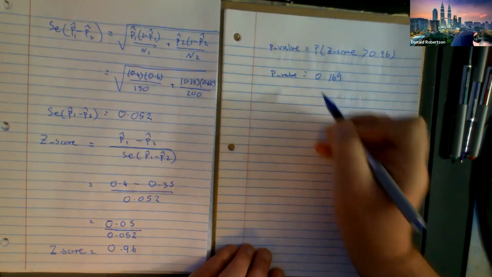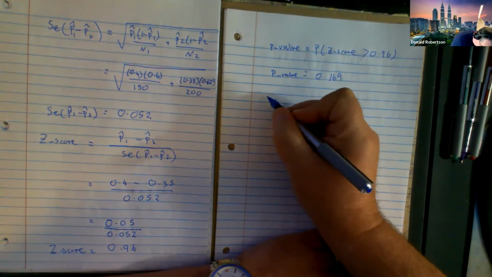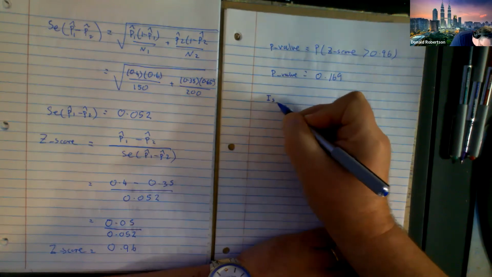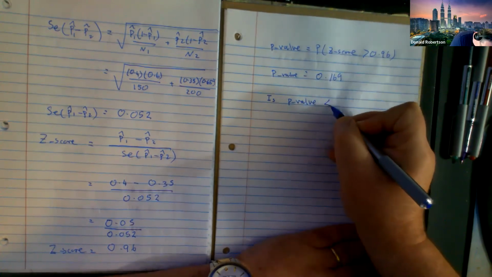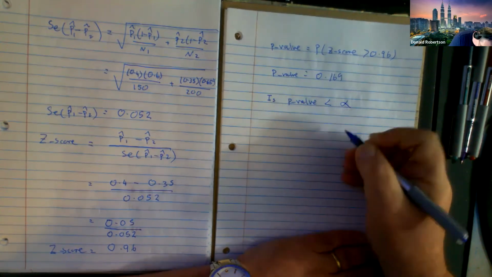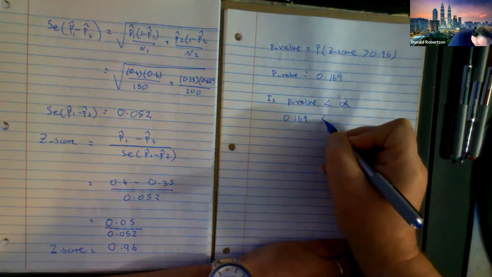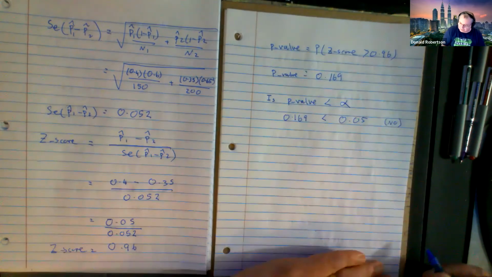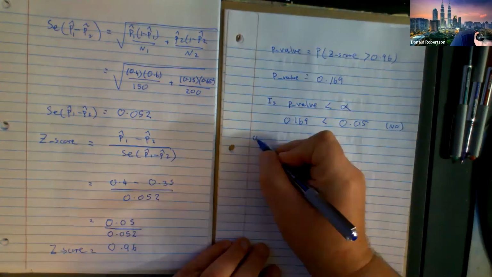And then you finish with your test. And the test is: is the p-value less than the significance level alpha? Is the p-value 0.169 less than 0.05? And the answer here is no, right? That's not less than, it's bigger than. And when you get that answer, you have a conclusion.